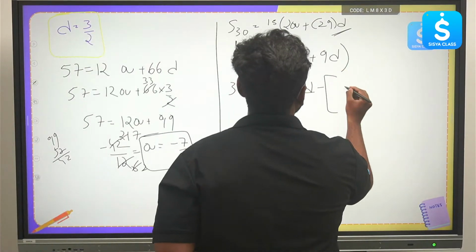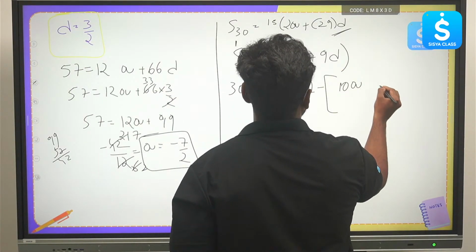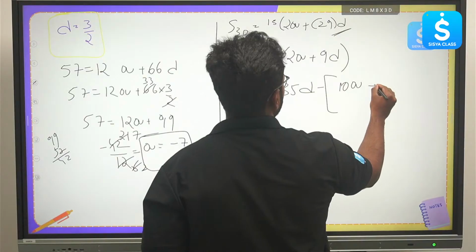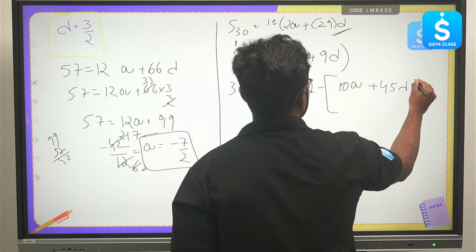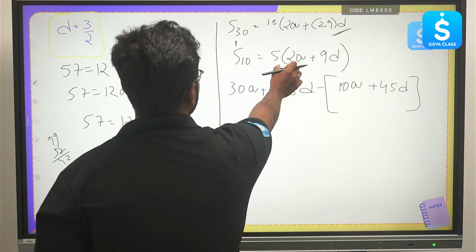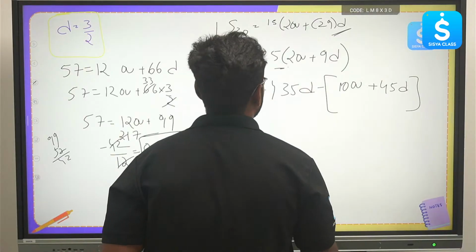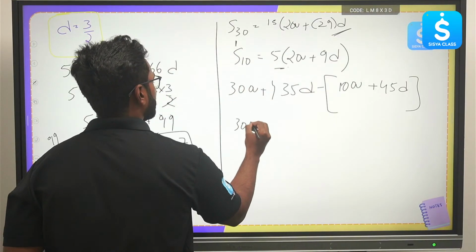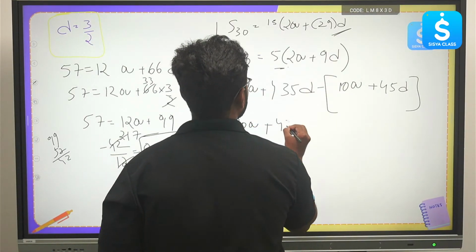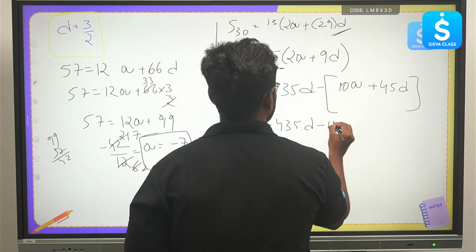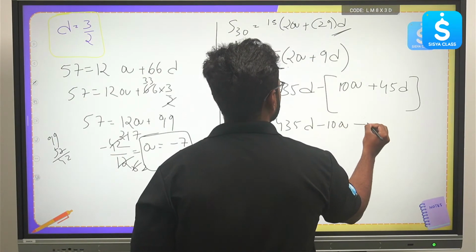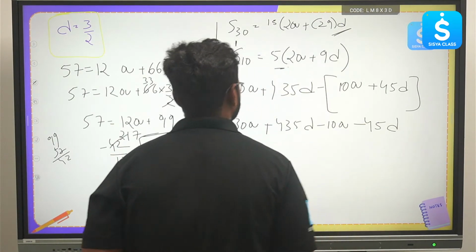This would be 10A plus 45D. Right? 5 into 2 is 10 and 5 into 9 is 45. So, 30A plus 435D minus 10A minus 45D.